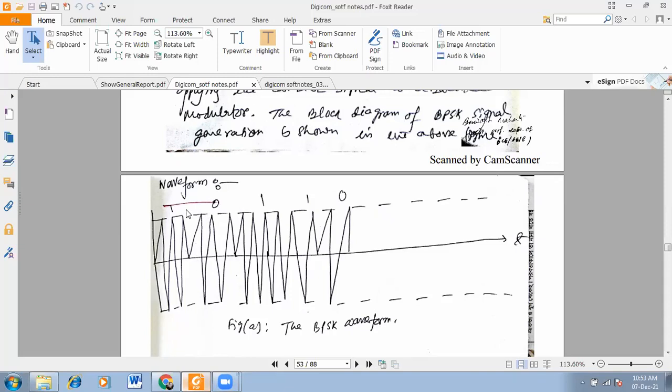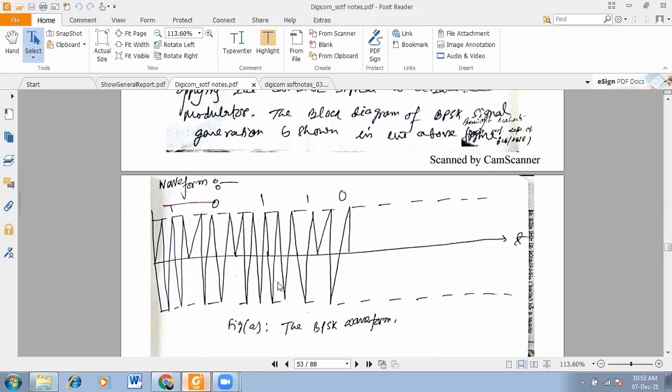So you have 180 degree phase shift occurring because there is a 1, then there is a 0. Whenever there is a transition, 180 degree phase shift will be available in the modulated wave. Similarly, it's a 0 and there is a 1, so 0 1, there is a 180 degree phase shift. And this is 1 1, see, there is no phase shift.